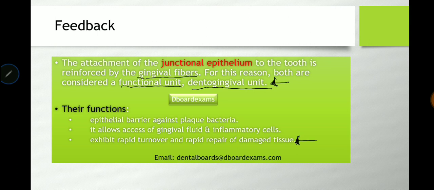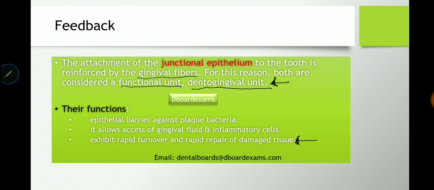It also allows the access of gingival fluid or inflammatory cells.